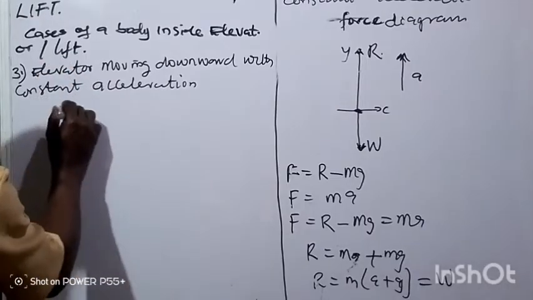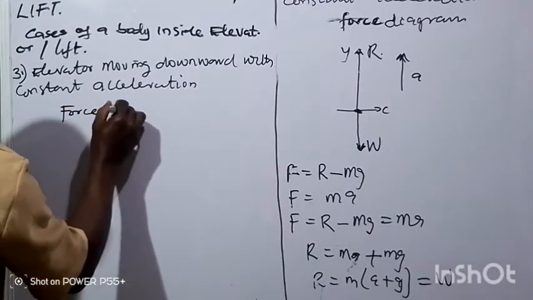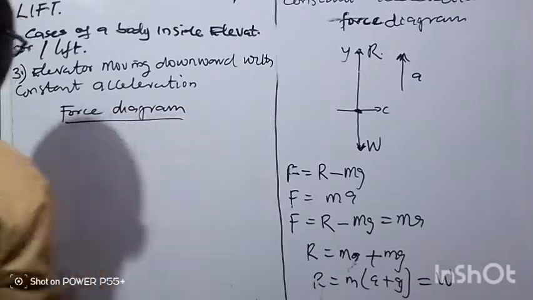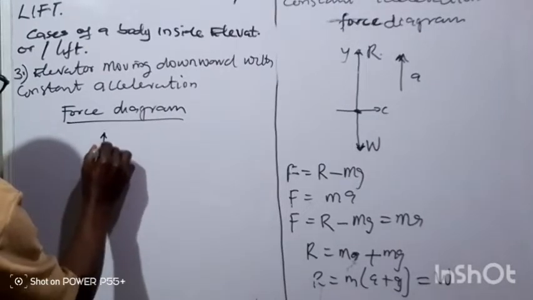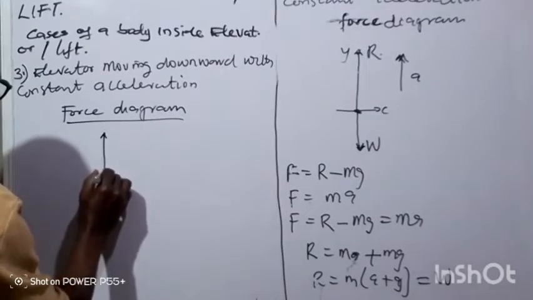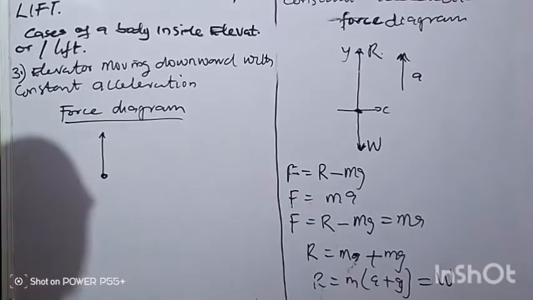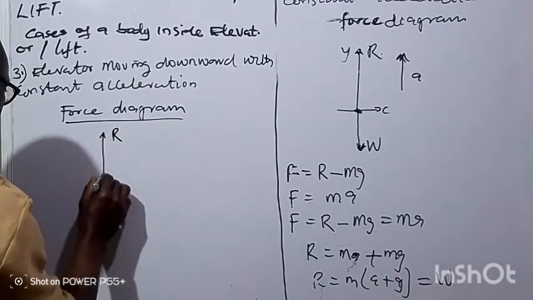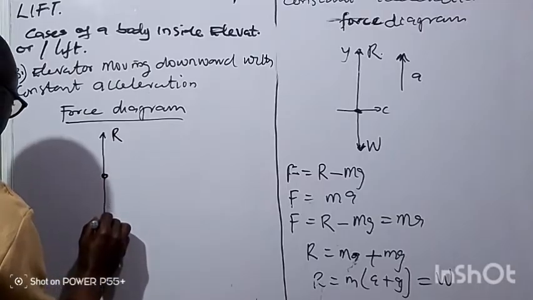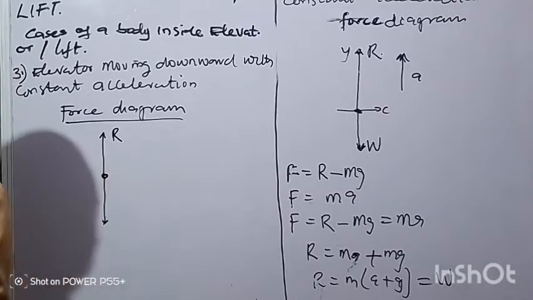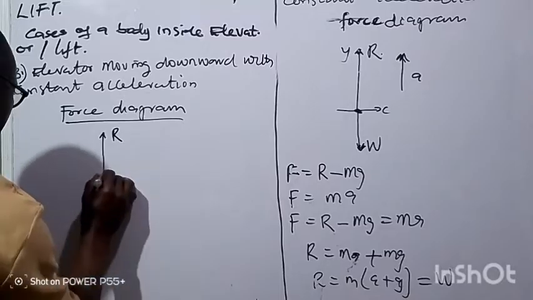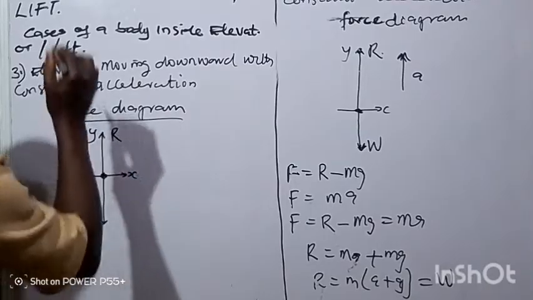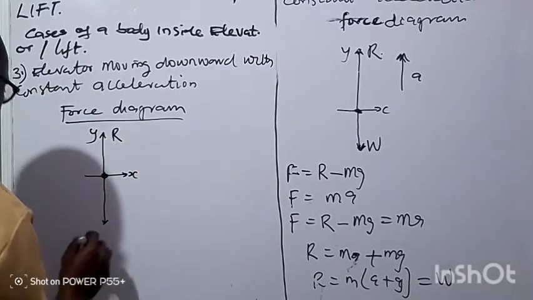Then the first diagram will look like this. This is the reaction. We say the reaction is less than the weight, so we have R, but the weight is greater than the reaction on the floor. The horizontal axis is usually 0 because we are dealing with vertical motion.